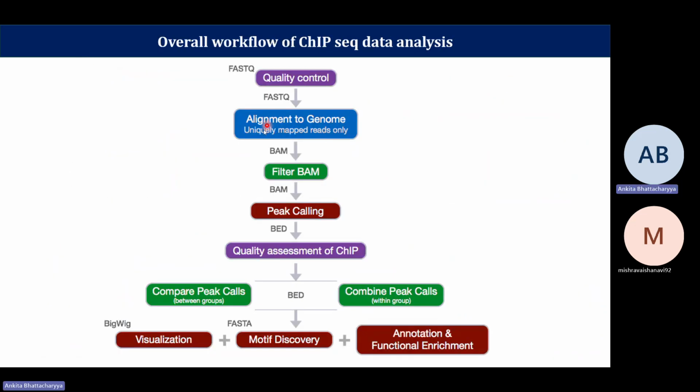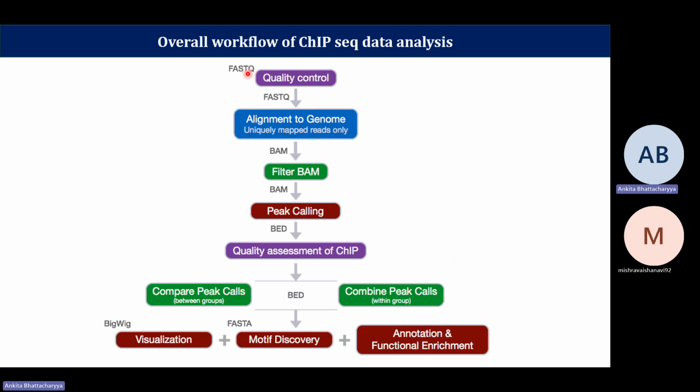So we had initiated our discussion on ChIP-seq data analysis steps. So first is FastQ, pretty much similar to what we saw for RNA-seq as well. You have to initially process your reads to make sure that there are no errors, no contamination, and you can get rid of any low quality reads, and you can get reads of a certain length, etc. Then you have to align it to the genome.